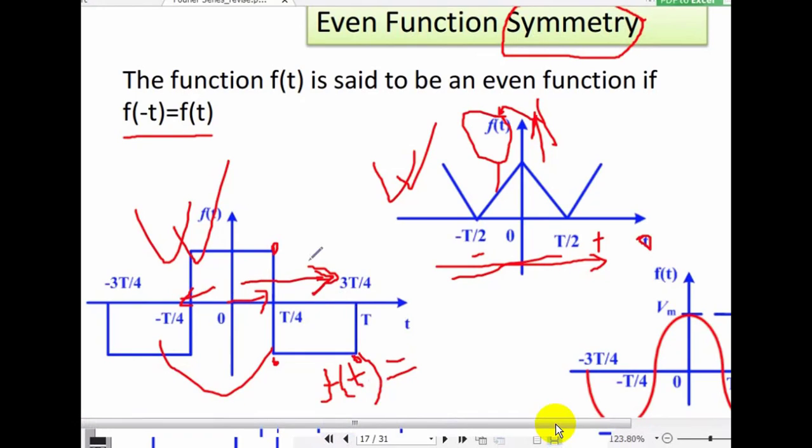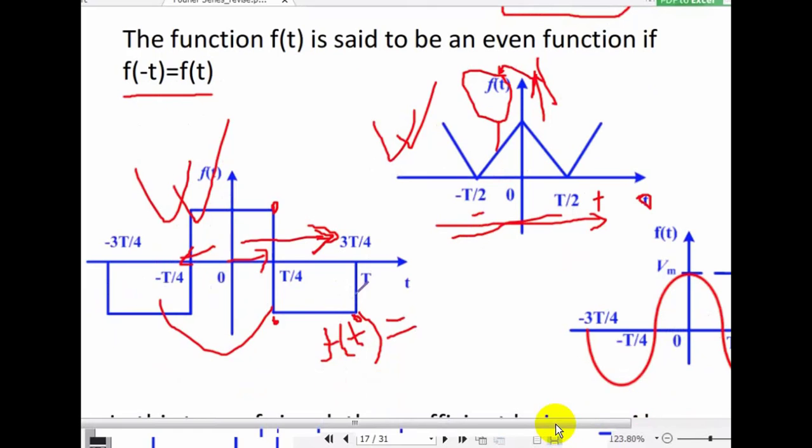So f of t is positive in this side. Which point do you want to pick? T by 4 or 3t by 4, or you can cut down also, no problem. If you want to make here, what is the value here? T by 2, right?